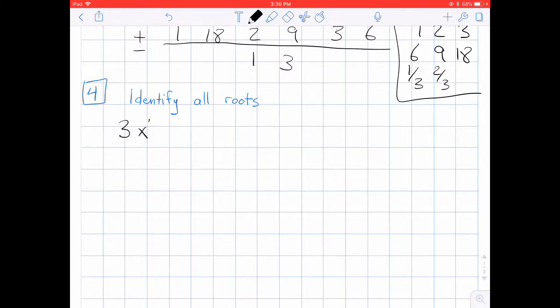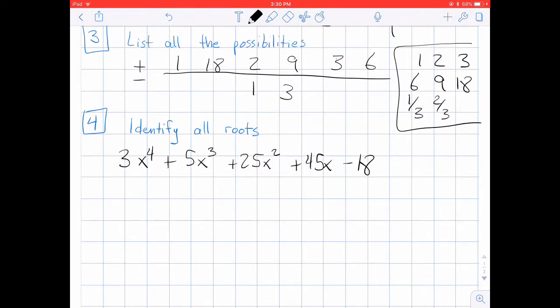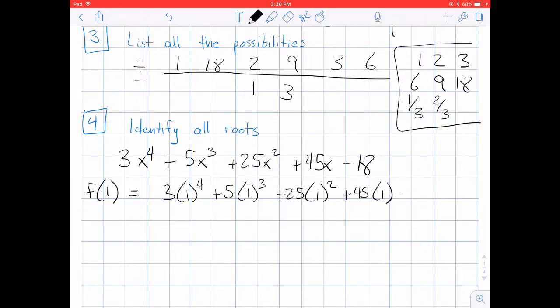Let's go through the process of plugging in the possibilities. Again, the function was 3x to the fourth, 5x to the third, 25x squared, 45x minus 18. So I will start by trying positive 1. If you just plug that in, you get 3 times 1 to the fourth plus 5 times 1 to the third plus 25 times 1 squared plus 45 times 1 minus 18.